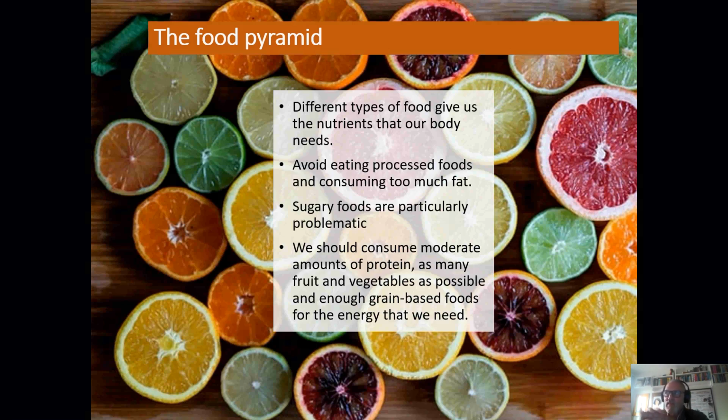So in order to have a balanced diet, we need to be consuming moderate amounts of protein, as much fruit and vegetables as possible, and enough grain-based foods, so that's the rice or the wheat, the flour, to get the energy we need.